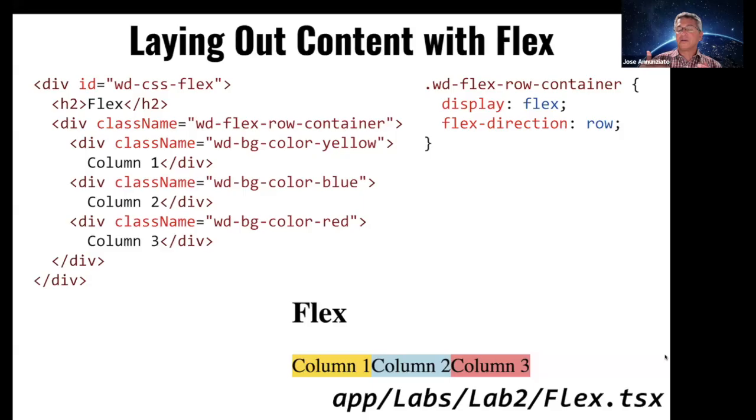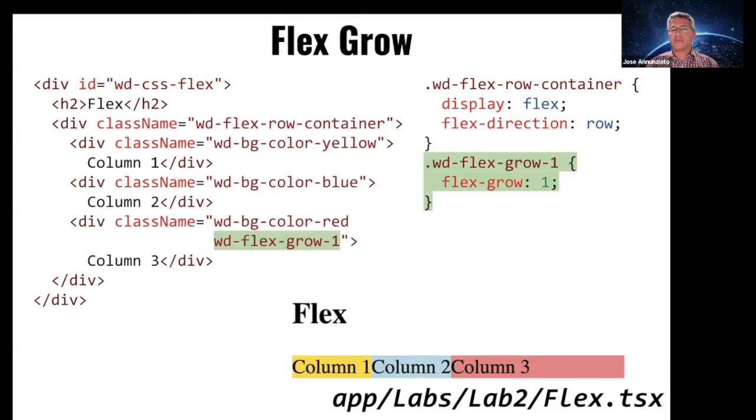So we can override how wide each column is with respect to the other. For instance, we can say flex grow 1. There are different values, 1, 2, 3, or even decimals.